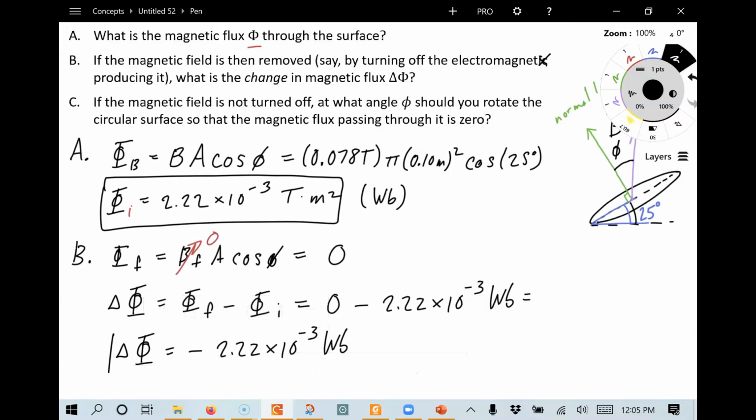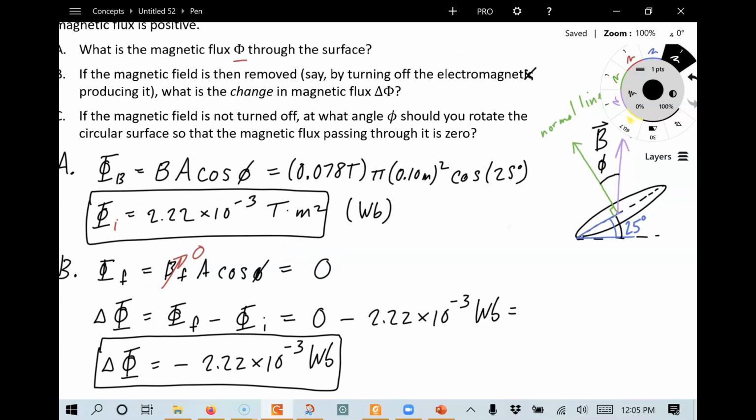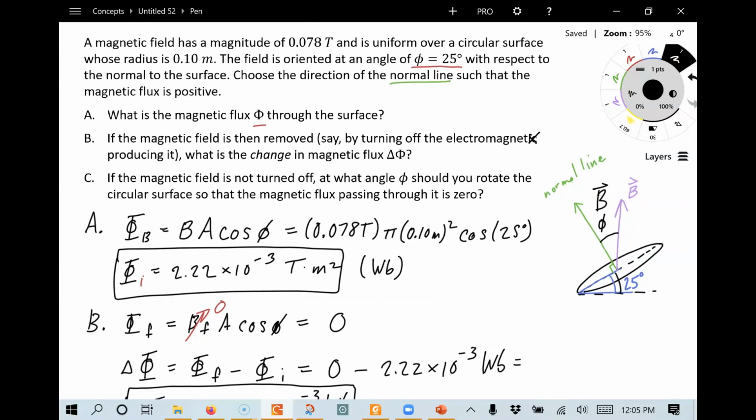The reason why we focus on the change in magnetic flux is because it plays the important role in Faraday's law, which determines whether we have an induced EMF or not. Now, the idea here that this is a negative value is simply the idea of a couple things.